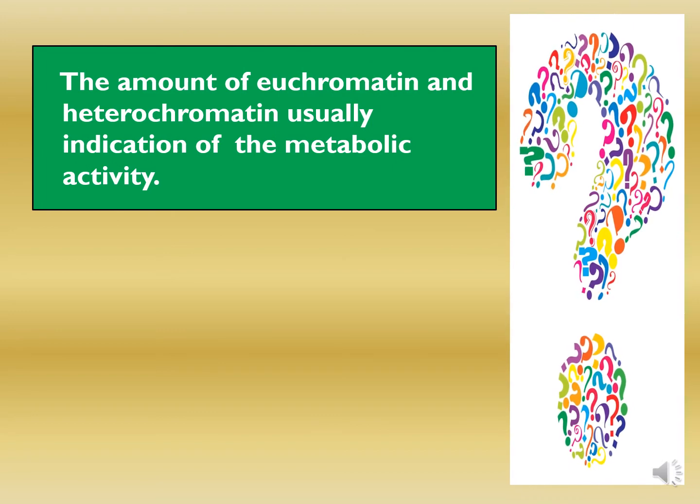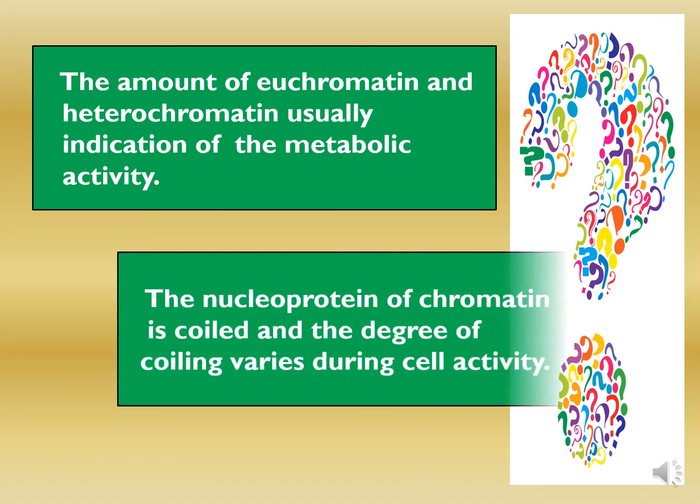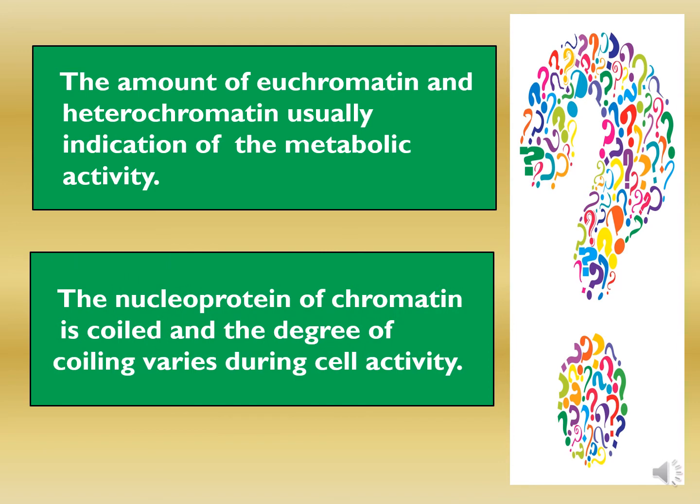The amount of euchromatin and heterochromatin is usually an indication of the metabolic activity of the cell. The nucleoprotein of chromatin is coiled, and the degree of coiling varies during cell activity.